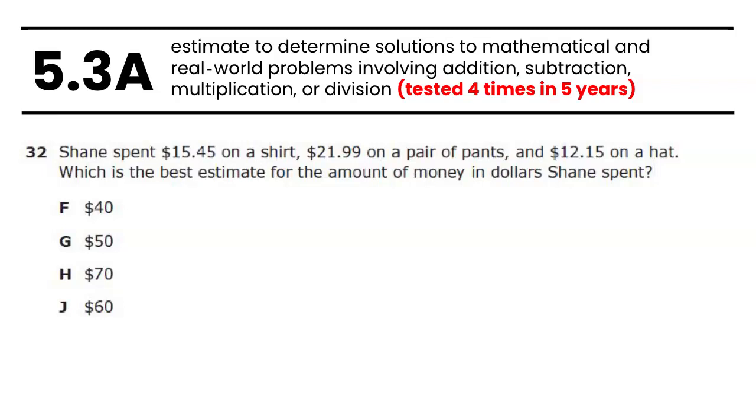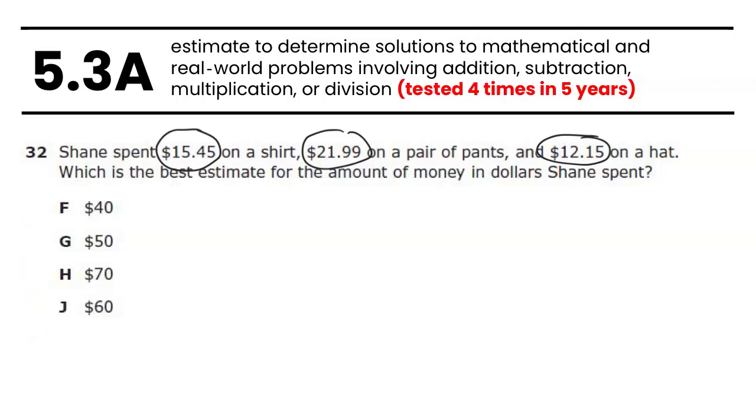One misconception that we see often on these types of problems is that students will take the numbers that were given in the problem, $15.45, $21.99, $12.15, and add those decimals the way they are presented in the problem, and then round their answer at the end to get one of the whole number answer choices.